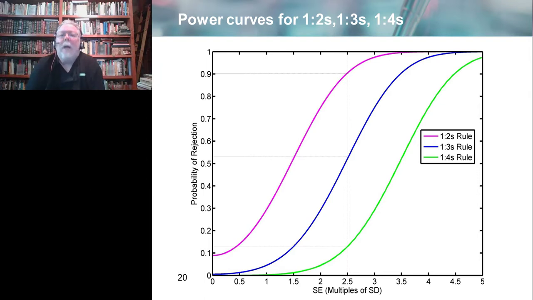So I've got power curves here for running two QCs for a 1-2S QC rule, a 1-3S, and a 1-4S. And the way we evaluate these is that we look at the size of an error condition, and when we see the intersection between the power curve and the size of the error condition, we can then see what is the corresponding probability that we're actually going to reject.